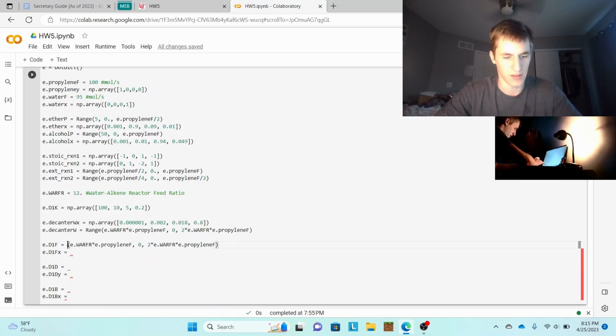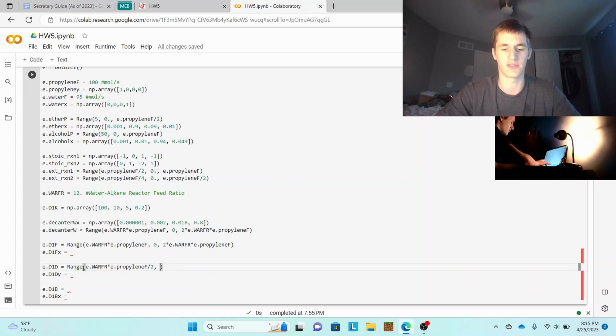Oh, and we need to put in range here. And then for our distillate range, I'm going to say is about half of what went in goes out, right, as our initial guess. And then we want to say that our upper bound is 2 times the constraint again. And then I will do the same for this bottom.